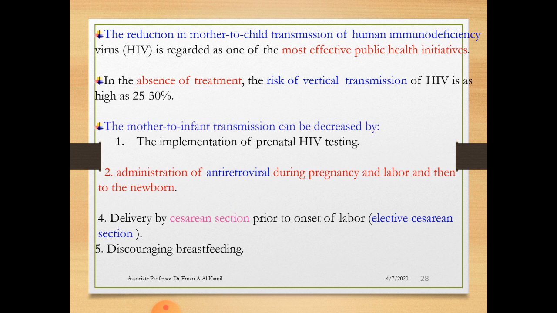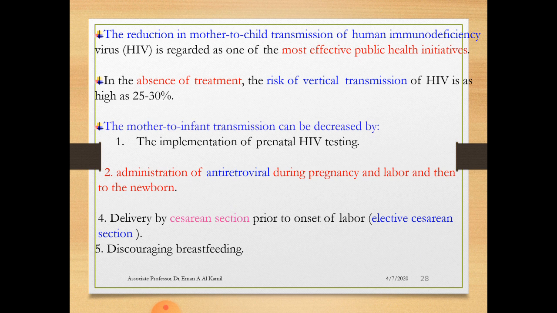So, as a public health concern, prevention of transmission of the infection from the mother to the child is important. In the absence of treatment, the risk of vertical transmission of HIV is as high as 25 up to 30%.